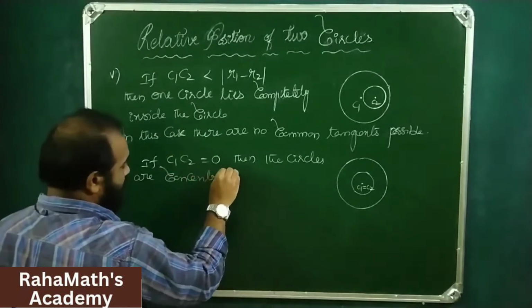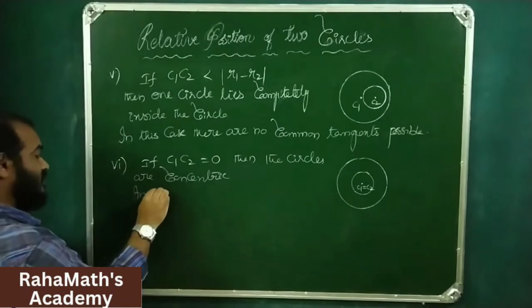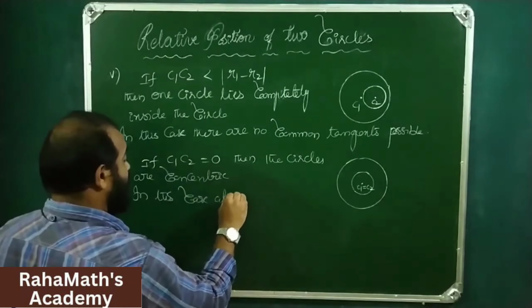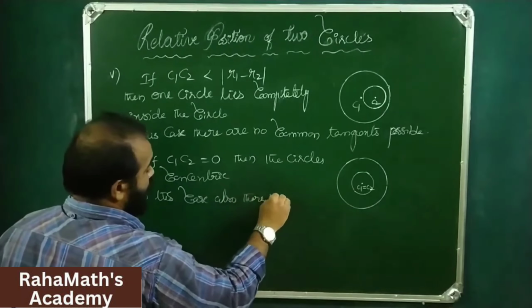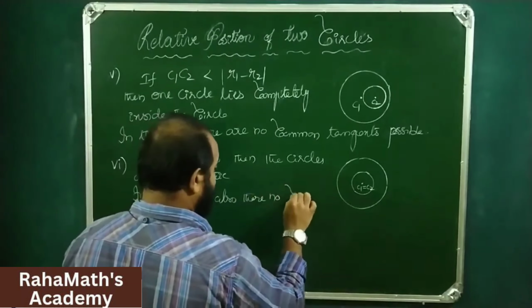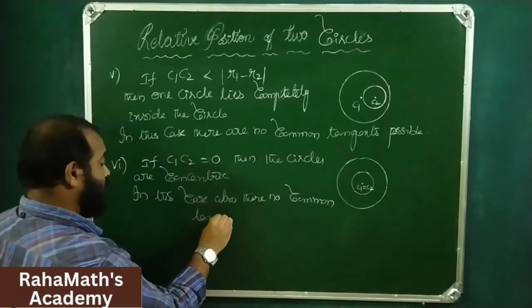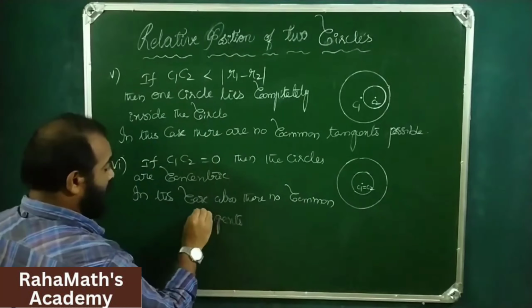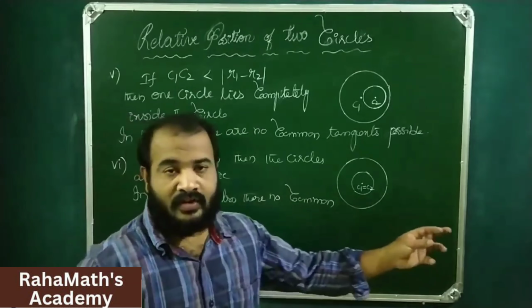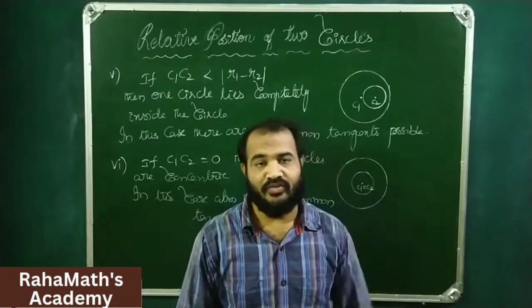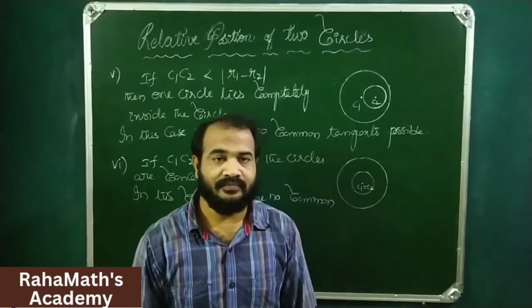In this case also, there are no common tangents. So these are all the possibilities of the relative positions of two circles.